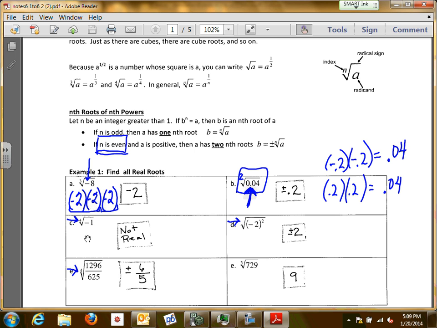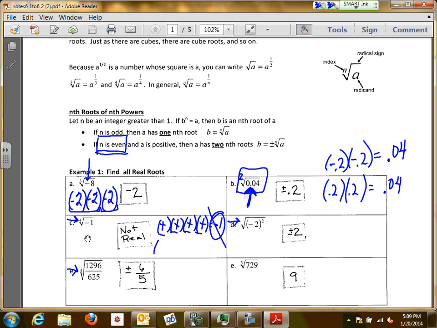Okay, so let's take a look here at C. C is interesting in that it says we want to take the fourth root of a negative 1. So what that's saying is something times itself 4 times is going to come out to negative 1. Well, anytime you multiply 4 items together, whether they were 4 positives, then you would get a positive number, not a negative number.